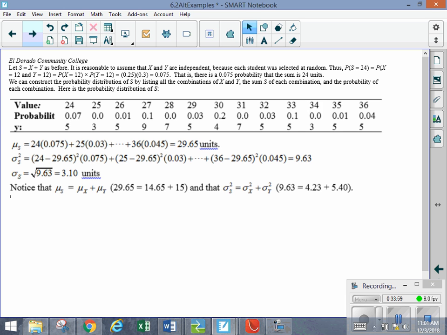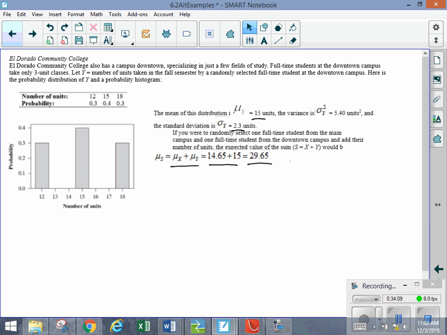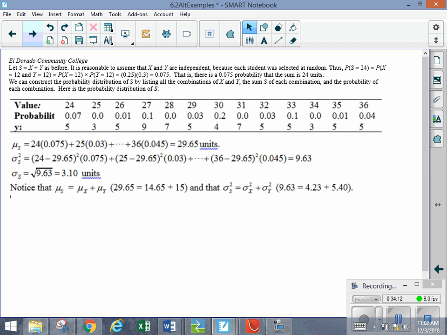So another probability distribution is S, which we just came up with, right? Yes, S was the combined units taken by a student at the downtown college and the main campus. And you can look at the probability distribution of S, starting at 24, because you need to take 12 credit hours at one and 12 credit hours at the other.